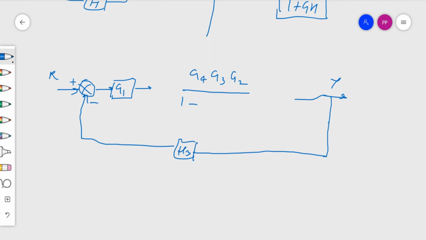So we have G4 G3 G2 divided by 1 minus G4 G3 H1. This will be the equivalent of the block, this one.